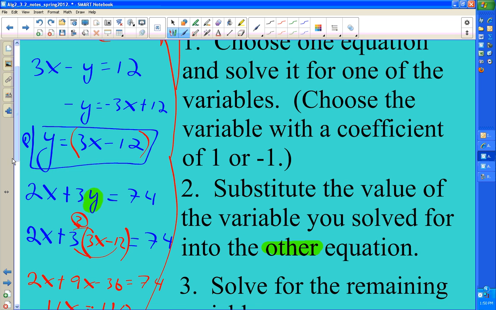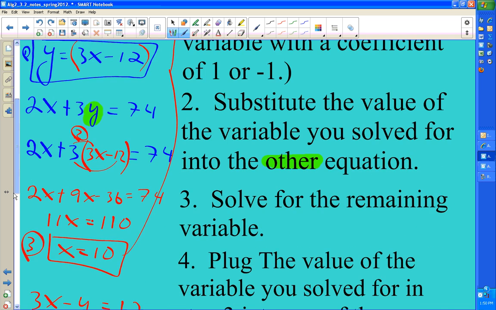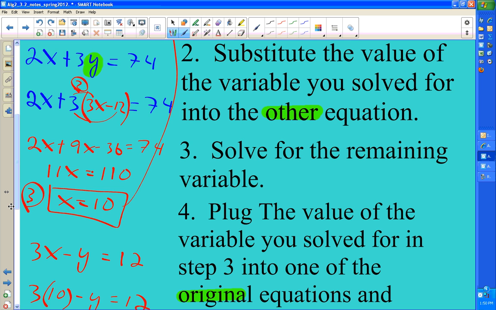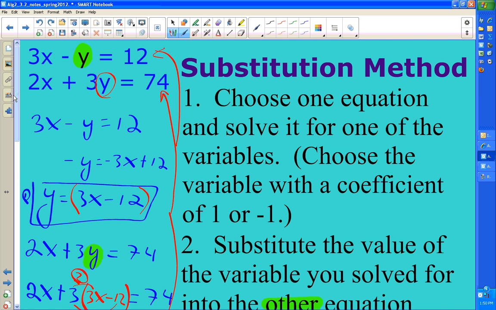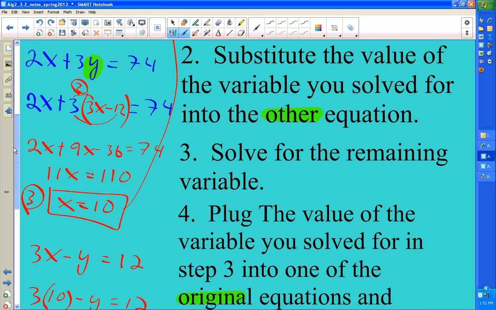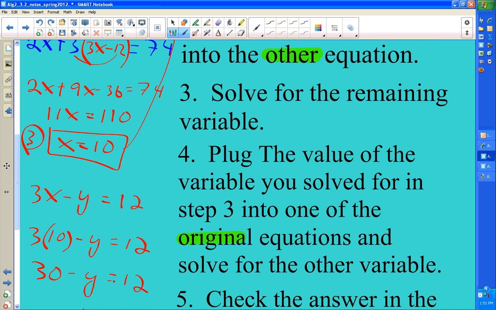Here's the substitution right here. So when you get x equals 10, and you plug it into one of these two, doesn't matter which one, we plugged it into 3x minus y equals 12, you want to take the answer you get and plug it into the other equation, not 3x minus y equals 12. Technically, you should check them both.